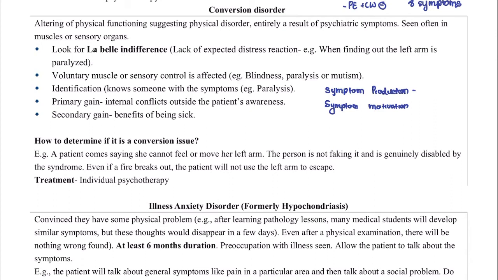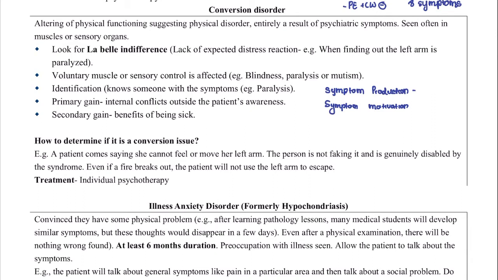If the person is aware, they could be doing things like eating glass. If the person is unaware, it could be the brain doing it for the person. If symptom motivation is conscious, that means the person knows that he is making up the symptoms, compared to not knowing why those symptoms are manifesting, why he is doing it. We will talk about this for each of these.